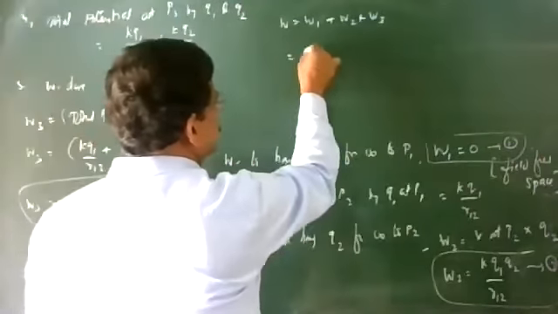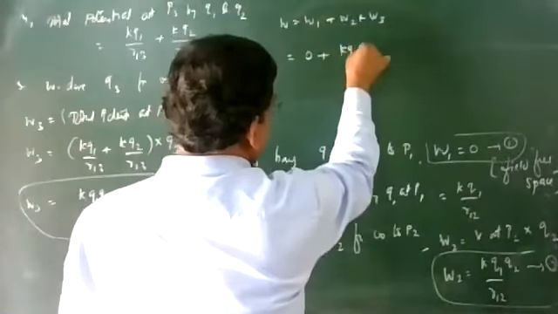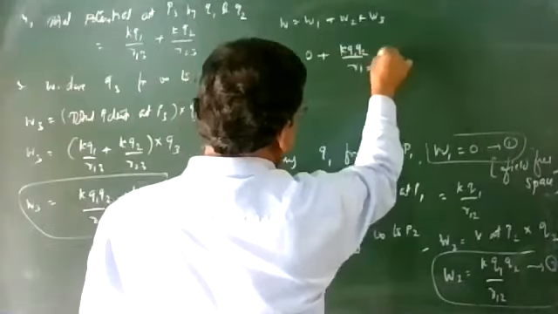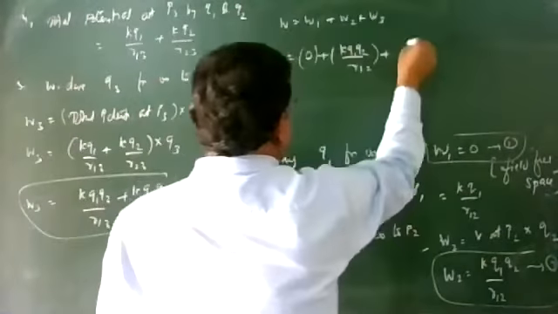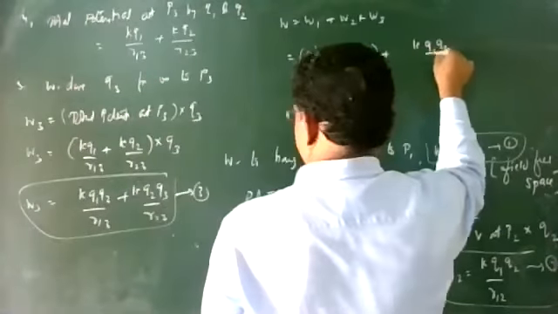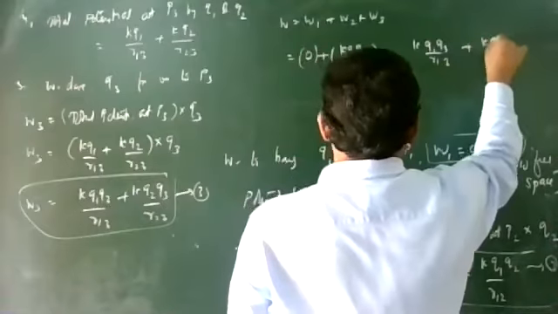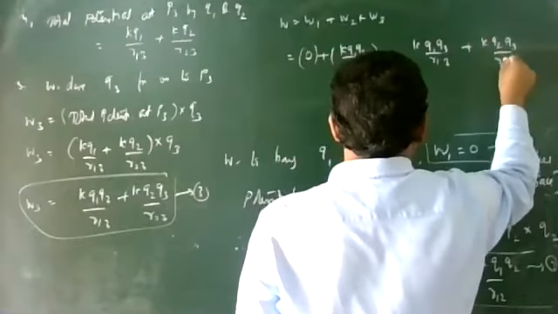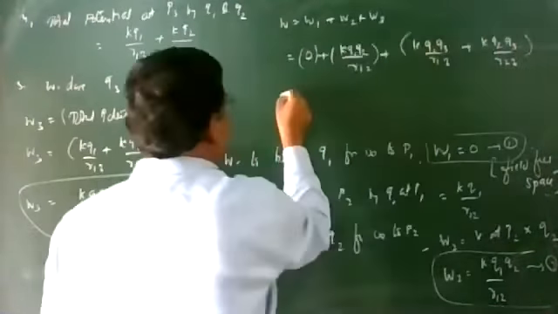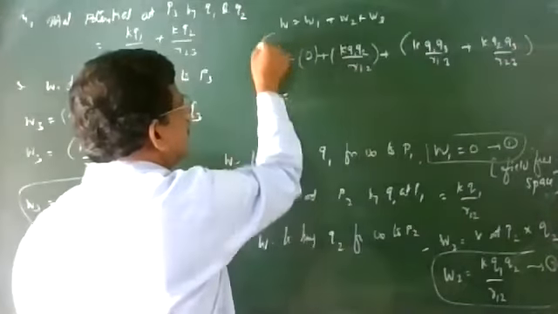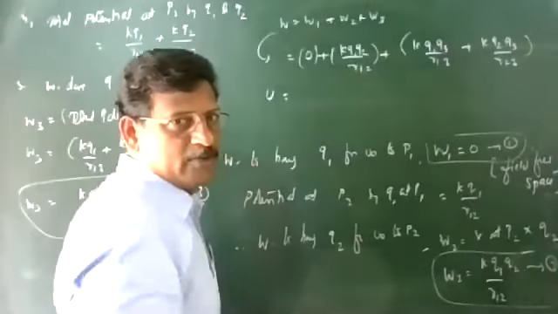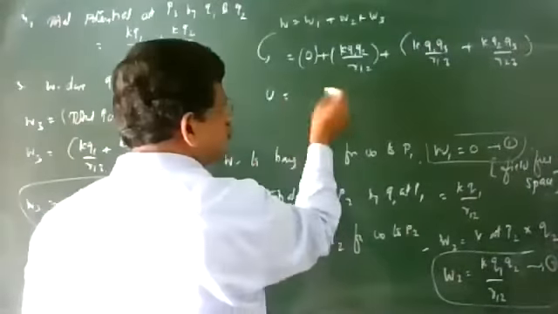So W1 is 0, W2 is K Q1 Q2 divided by R1, and next will be K Q1 Q3 divided by R13 plus K Q2 Q3 divided by R23. This is the equation. This work done will be stored as potential energy, which we write as U for the three-particle system.